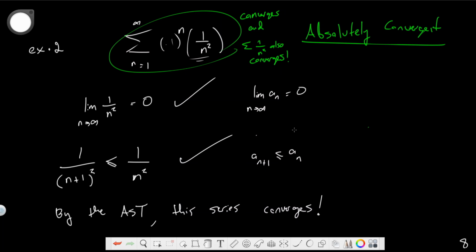this example right here. If you can show that 1 over n squared converges, then you don't even need to use the alternating series test to show that negative 1 to the n times 1 over n squared converges. If the absolute value converges, then regardless of if there's negative values in the series, it must also converge.